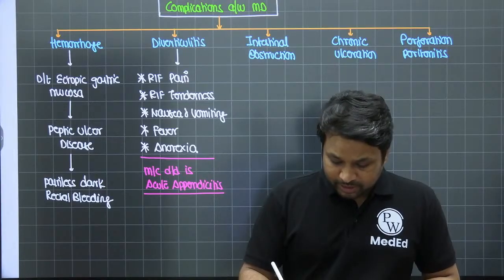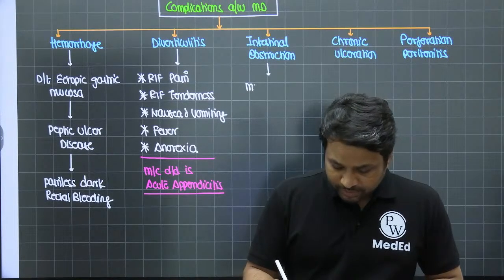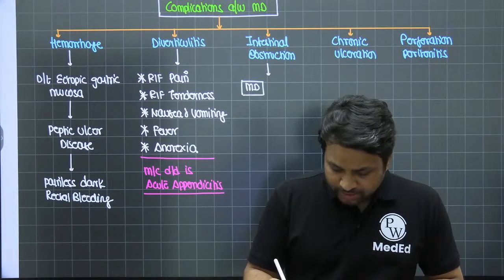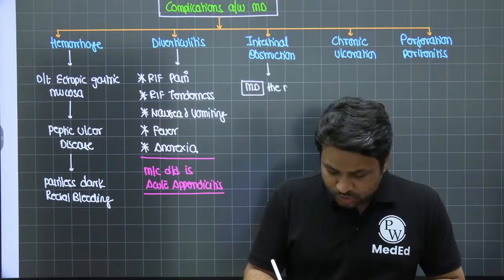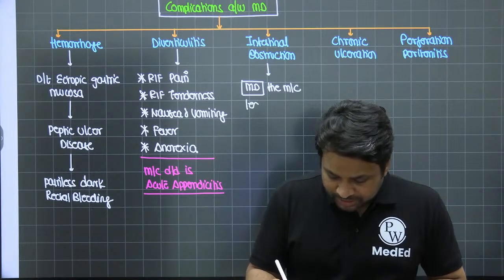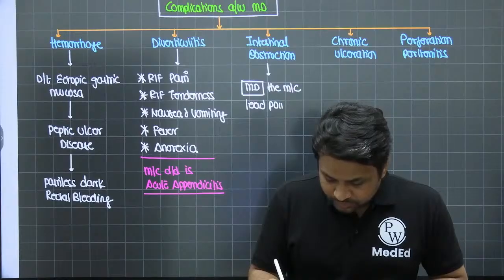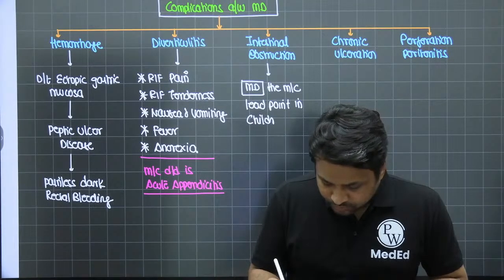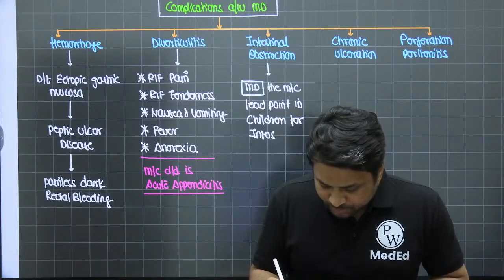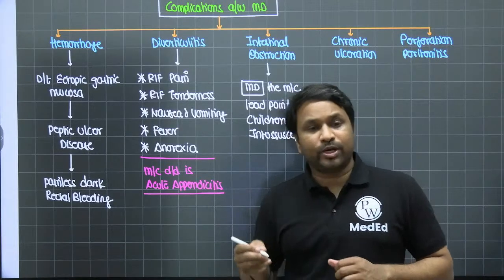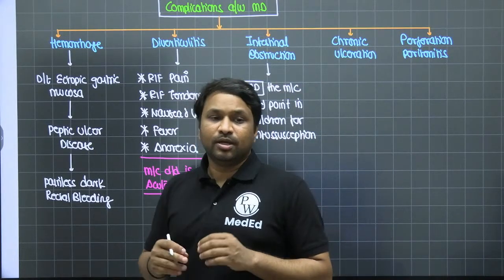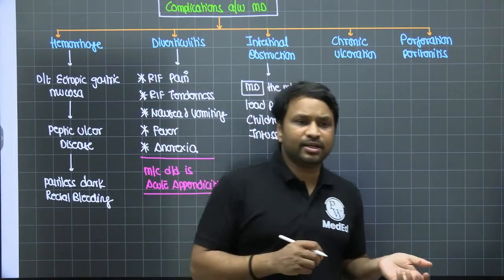Now remember, Meckel's diverticulum is the most common lead point in children for intussusception, and hence intussusception will result in intestinal obstruction.